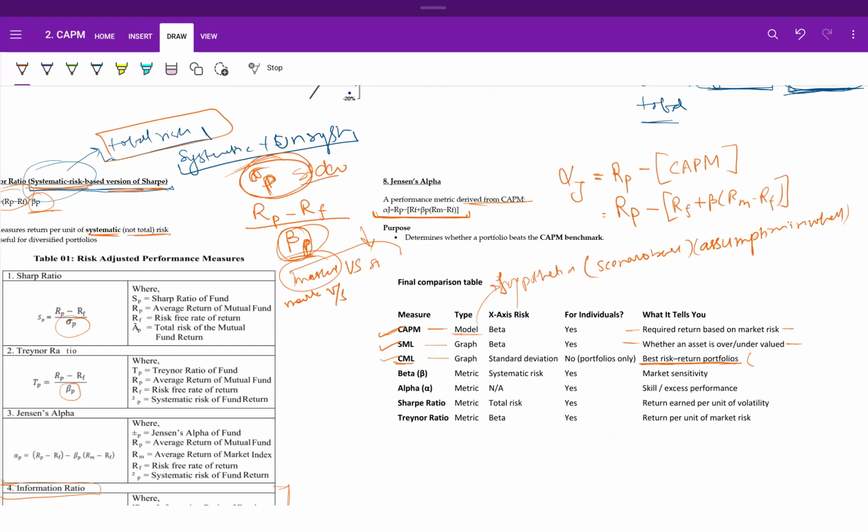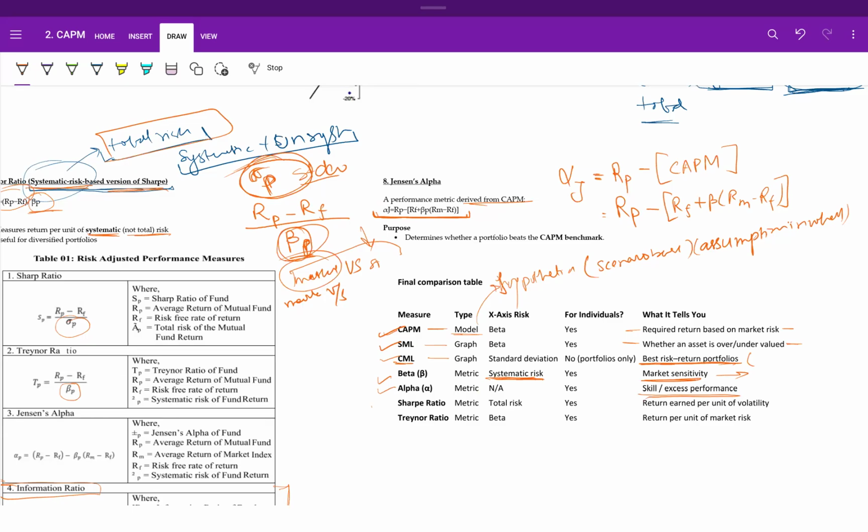Beta is a metric for systematic risk. It tells you about market sensitivity relative to the stock of your choice. Alpha is again a metric of skills and excess performance of portfolio managers.